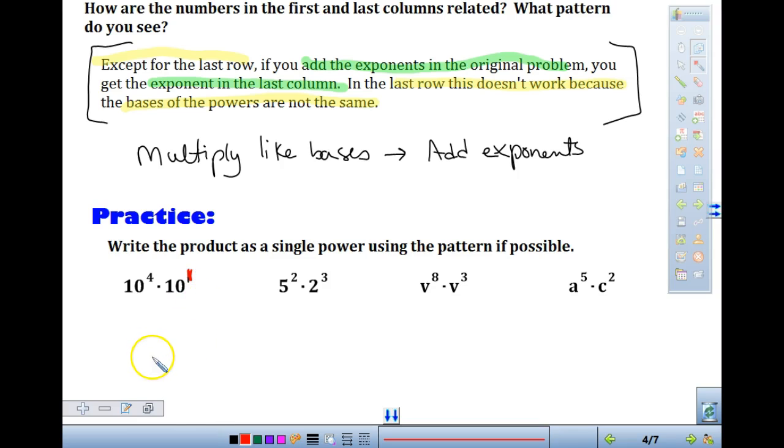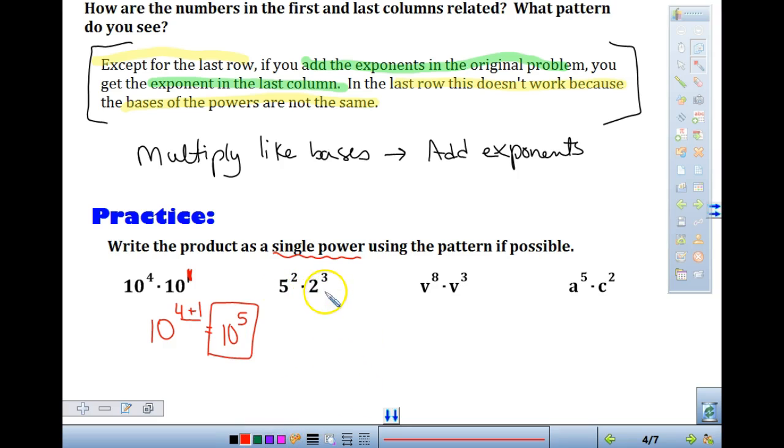Now, I know that when you go to do these in your homework, you're not going to show these rules, but as we do it up here, I want you to at least write the rules down. So the rule said, if the base is the same, we're going to add the exponents. So put 4 plus 1, right? Because that was my exponent. So that gives me as a power 10 to the 5th. And it says, leave your answer as a single power. We are not evaluating it, right?